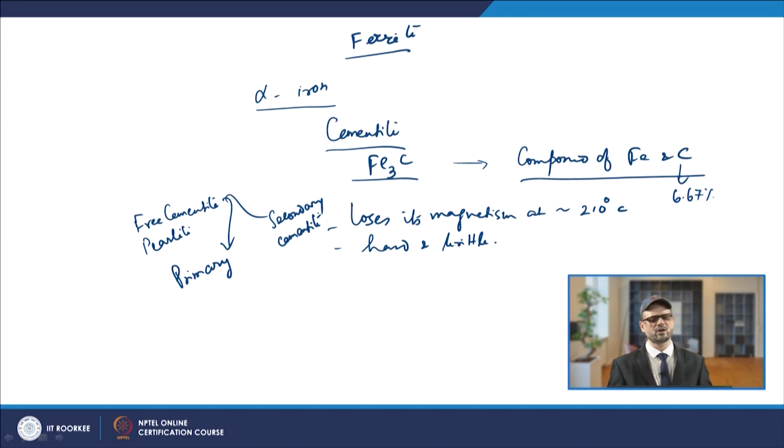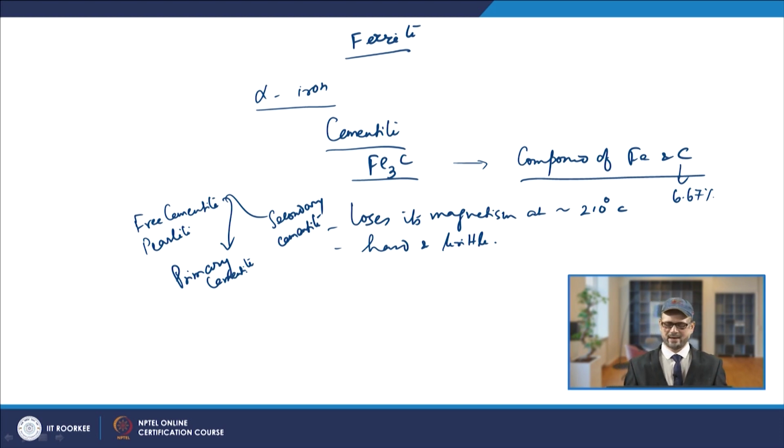When we talk about primary cementite, it solidifies directly from the melt, and it occurs in the form of hard needles. So, that is primary cementite, and you will have a needle type of structure in those cases. Now, the secondary cementite precipitates in the solid.